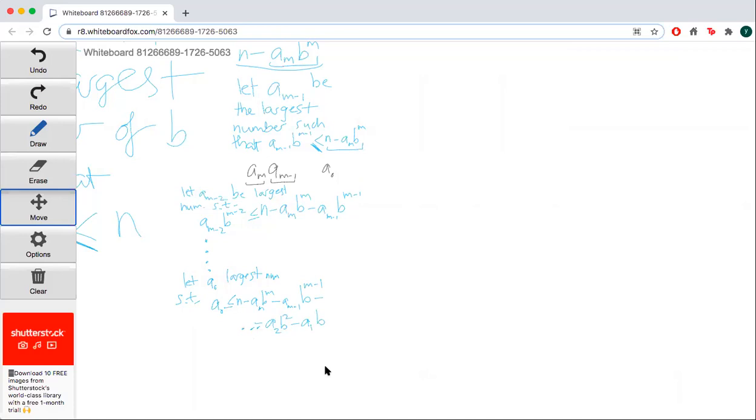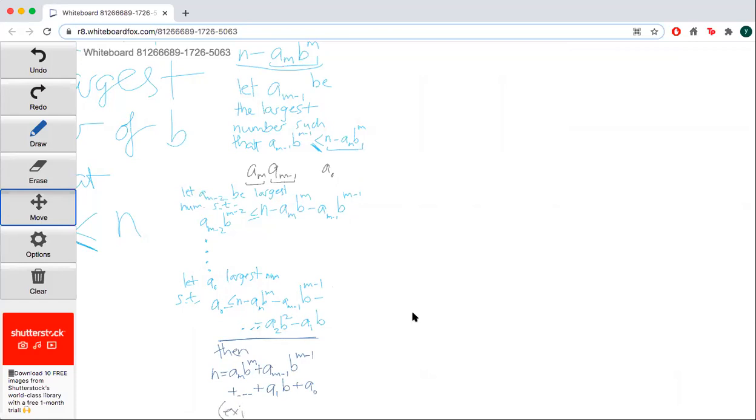You can check that after we do this entire process, by design, we've made this number. Then n is equal to a_m b to the m plus a_{m-1} b to the m minus 1 plus dot, dot, dot, plus a_1 b plus a_0. So yay.